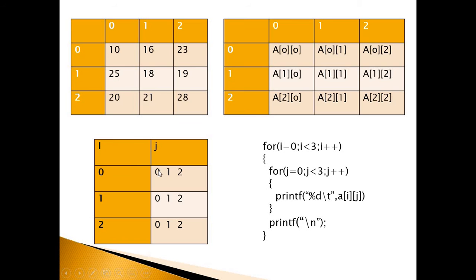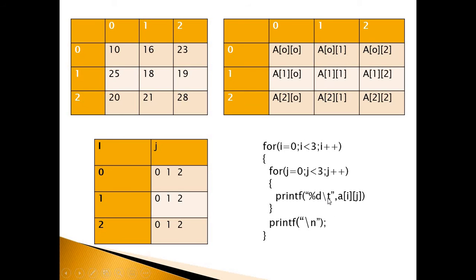It checks the condition 0 less than 3, the condition is true, so it comes here. It prints the value of a of i j, that is i value is 0, j value is also 0. So a of 0, 0 is nothing but the first element, that is 10. So 10 will be printed on the screen.